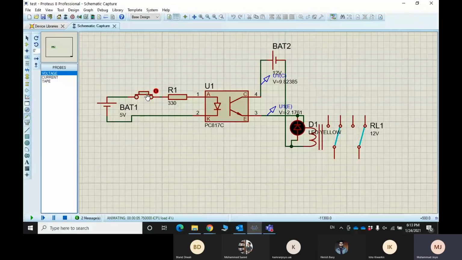Okay, voltage is going over there, but I don't see anything. Okay, here you can see it is working properly over here.